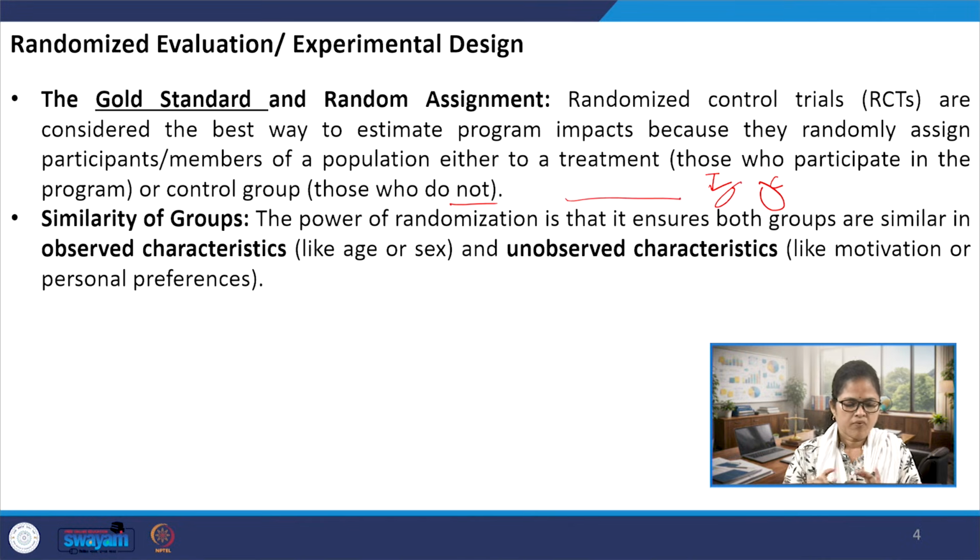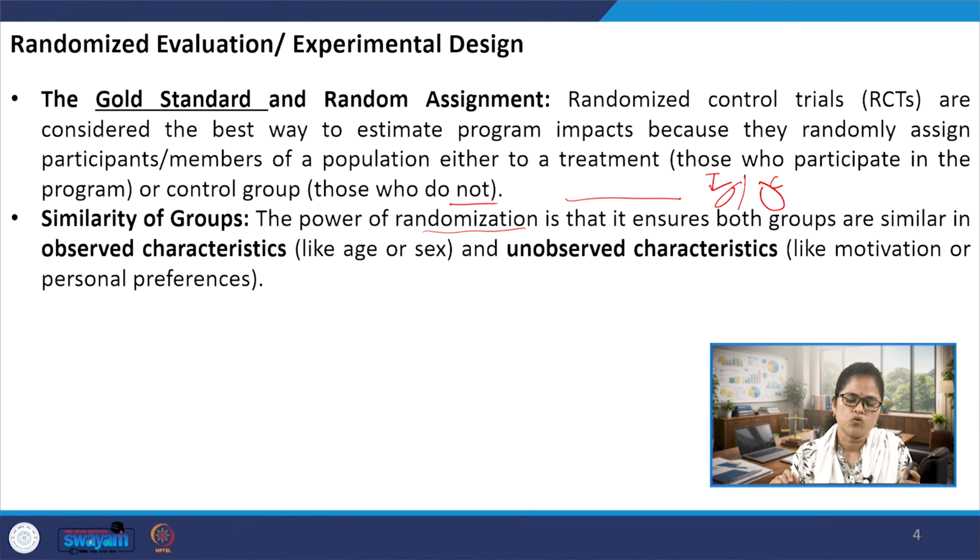So the first thing is that while distributing participants between the treatment group and control group, we need to ensure that both groups have uniform characteristics. That means in both groups we should find similar observed as well as unobserved characteristics. The process of randomization ensures this similarity across the groups.